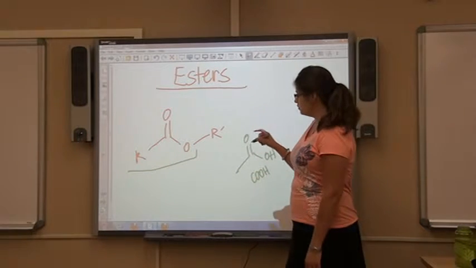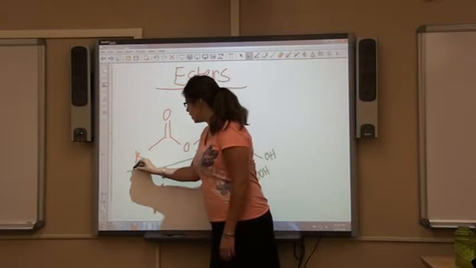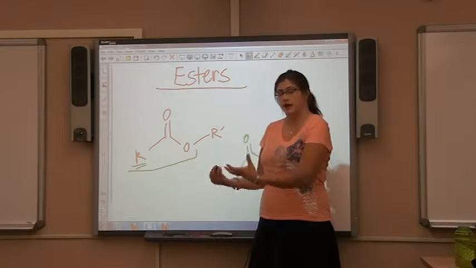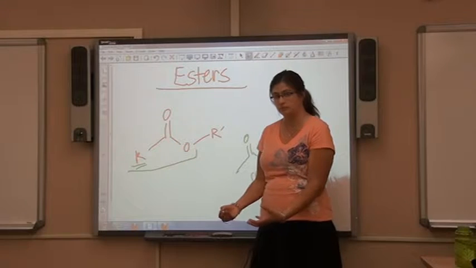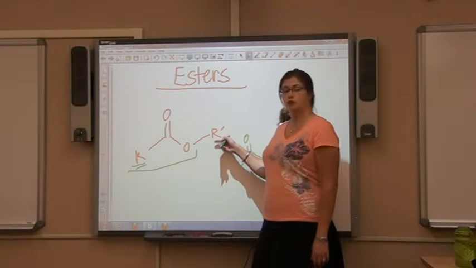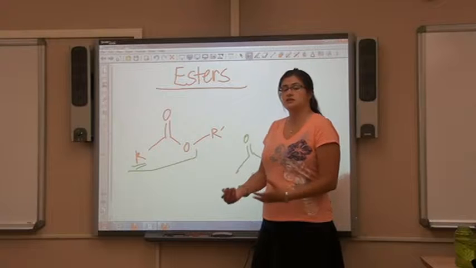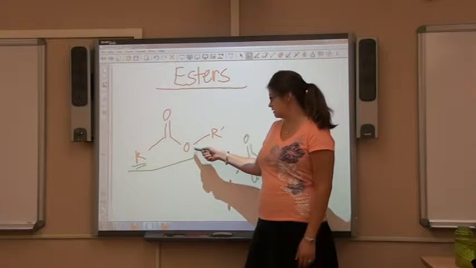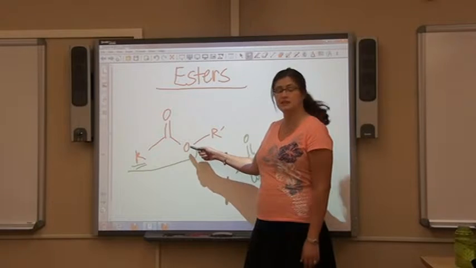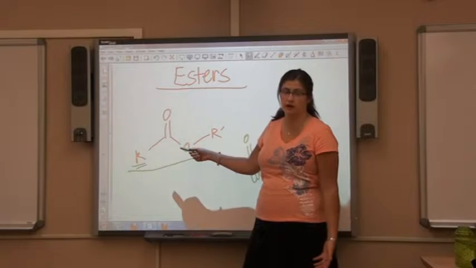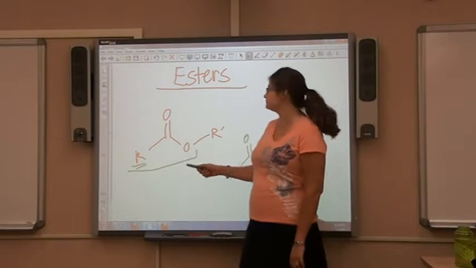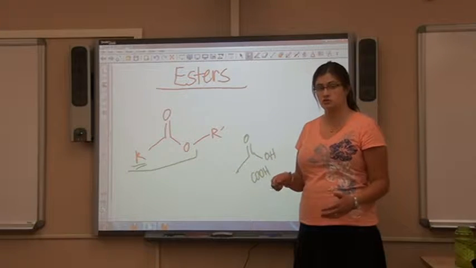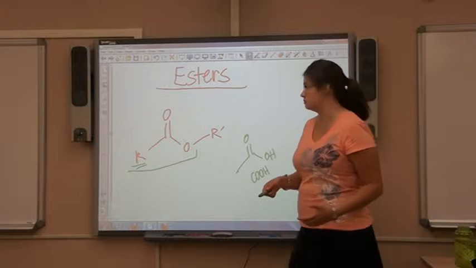I've denoted here just an R for what's attached to the carboxylic acid portion of your molecule. And then this R prime denotes something different on the right side of the molecule, the carbon that's singly bonded to the oxygen. That differentiation is going to be important in a little bit.